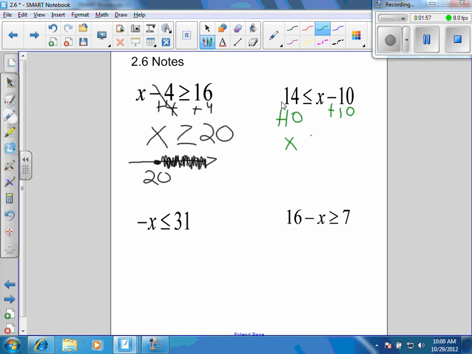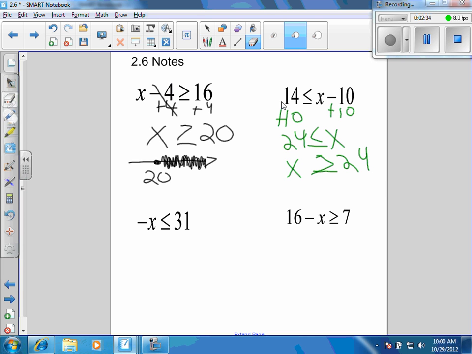Before you jump to the answer in your head, show the step you just erased. What were you getting there? I'm going to do 24. Right. It's less than or equal to x. Right. And so how do you say that starting with x? X is greater than or equal to 24. Right. So think of it where you're always reading from x.